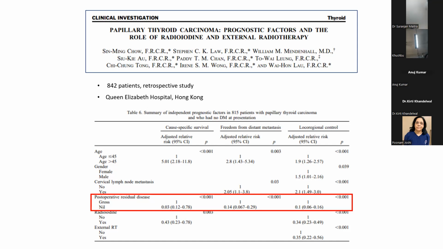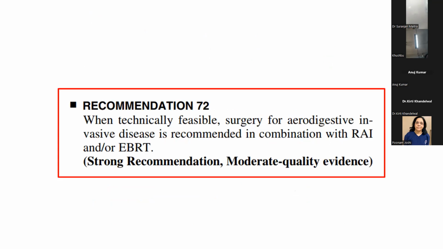We can see that the various parameters, the cause-specific survival, freedom from distant metastasis, and loco-regional control improves when we give radiation therapy. So in these situations, when there is gross residual disease, it will benefit with giving external beam radiation therapy in the adjuvant setting.